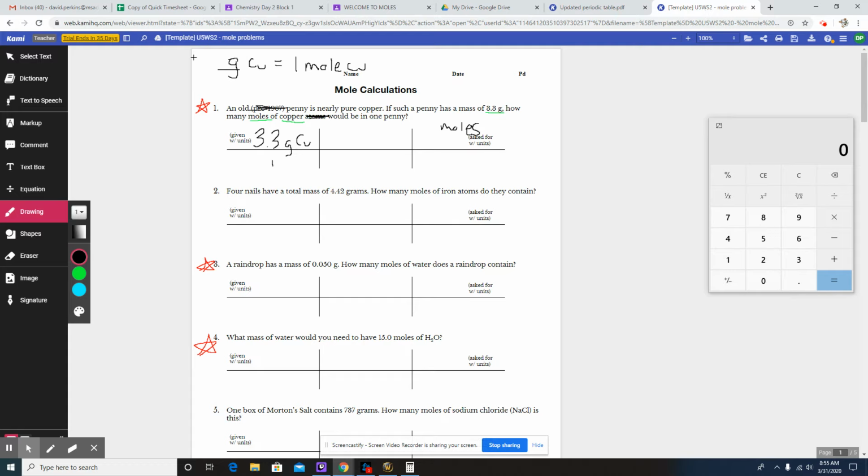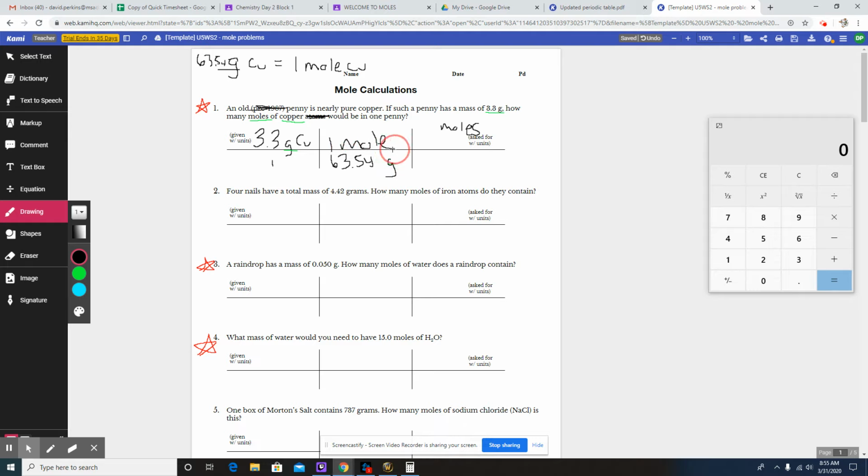So I can say 63.54. Okay, so I have grams on the top, so they're going to go on the bottom of the next cell. So for the next cell, I'll do 63.54 grams, and that was equal to 1 mole.